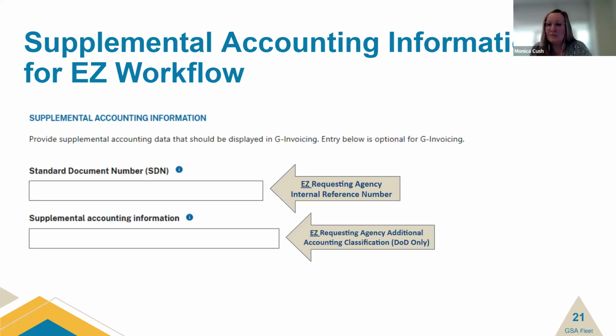The standard doc number could be your MIPR number, your FMZ number, your PO number. Again, these are two optional fields. However, if you want to reconcile your EZ transactions to your own internal accounting system, this might be a good way to add in that obligating document number that perhaps you generated in your own internal accounting system.